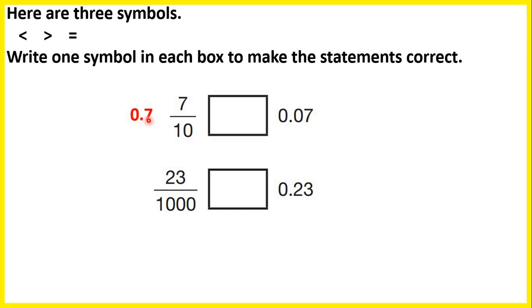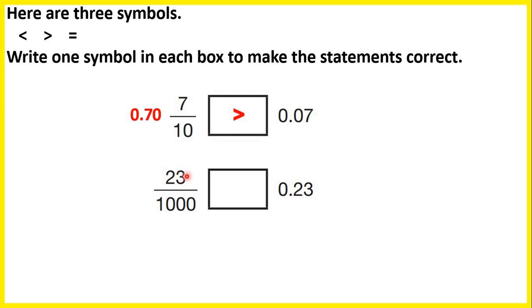But 0.7 can be written as 0.70. We can write zeros on the end of decimals without changing the value of the number. So that's why 0.7 or 7/10 is greater than 0.07, because 7/10 is more than 7 hundredths.